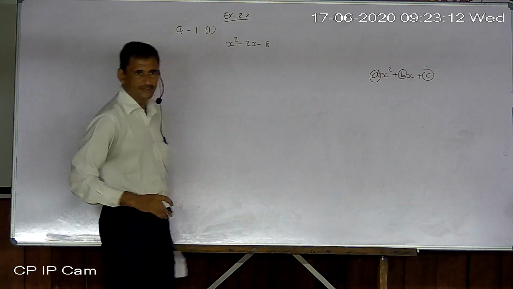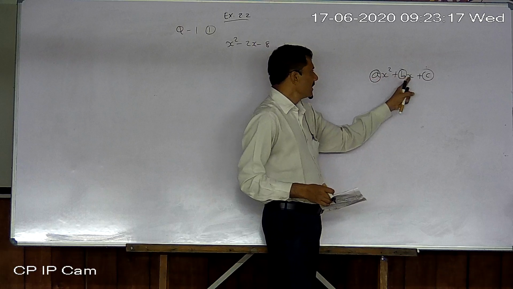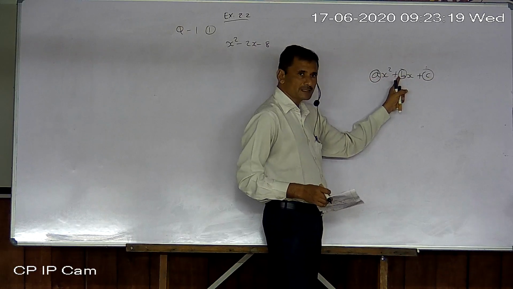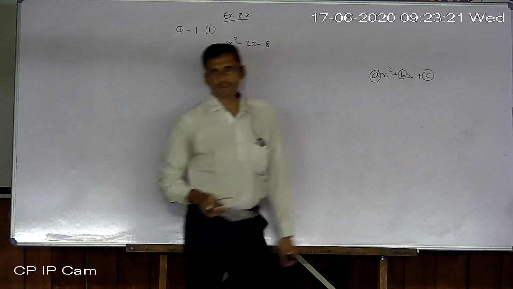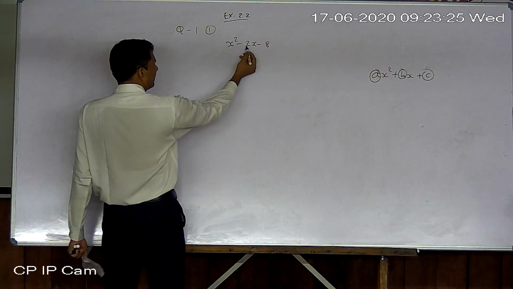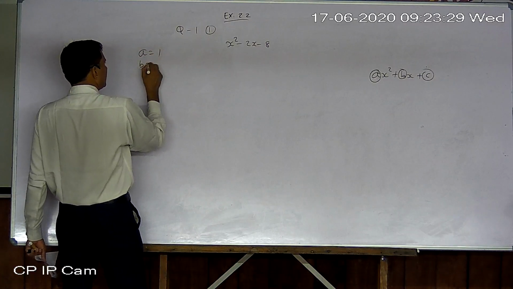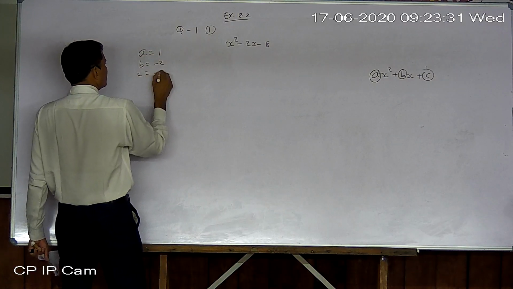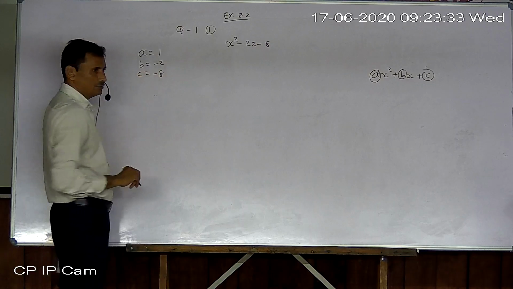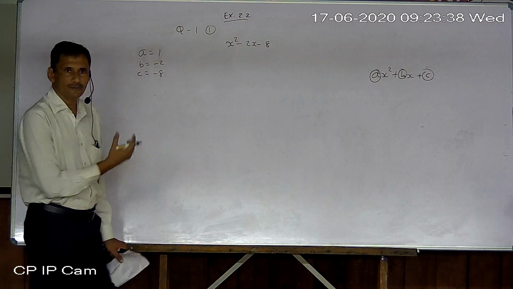So what are a, b, c? The coefficient of x square is a, the coefficient of x is b, and the constant term is c. So here a is 1, b is minus 2, c is minus 8. If you want, write it at the initial step also, but it is not being used now. It will be used later in the last step of the sum.